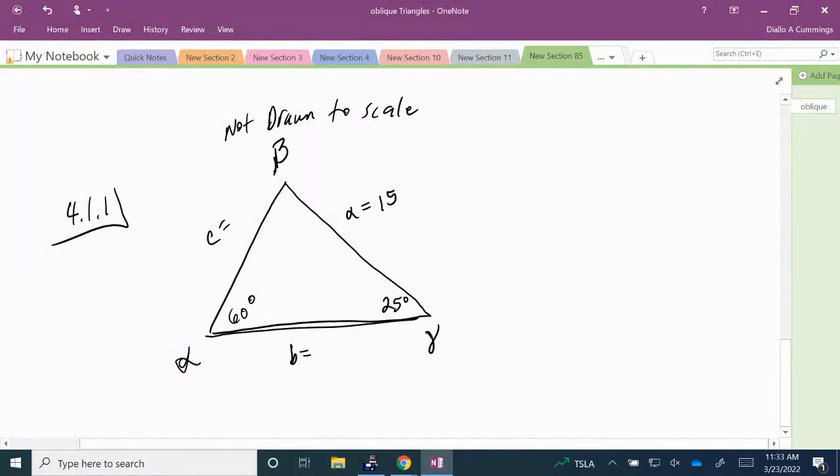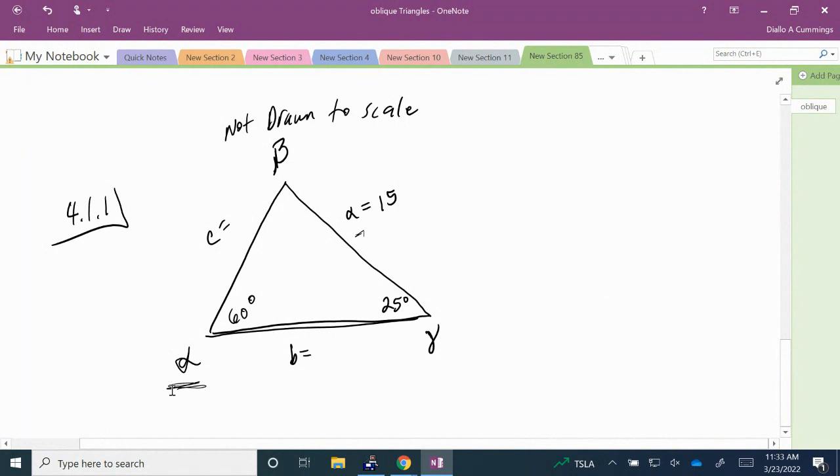All right, so now we want to set up a law of sines. Okay, so let's take a look at what we're given. So we're given angle alpha. We're also given side A, right? So we're given an angle and we're given a side.